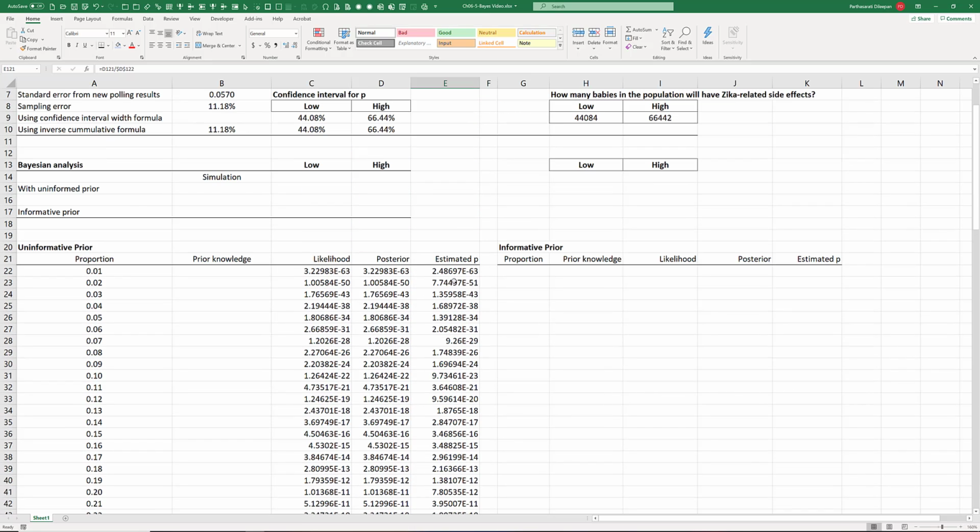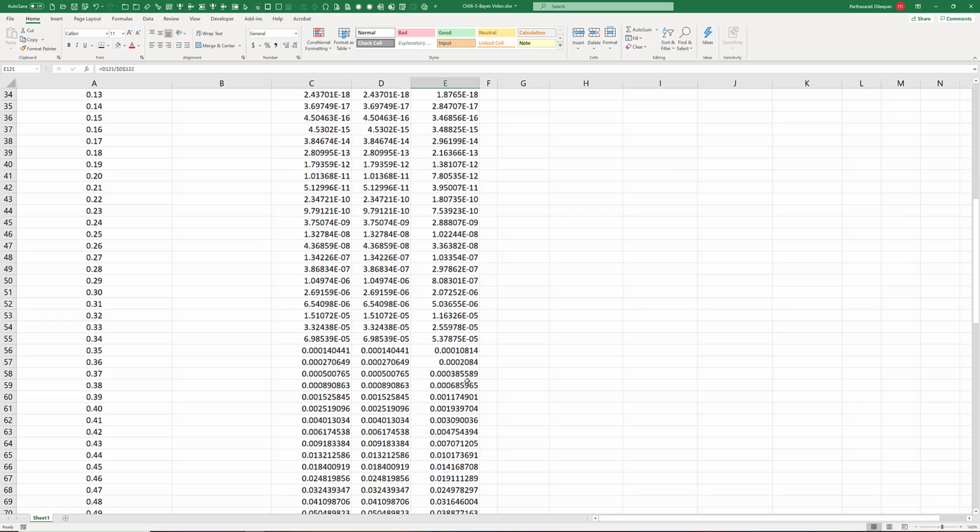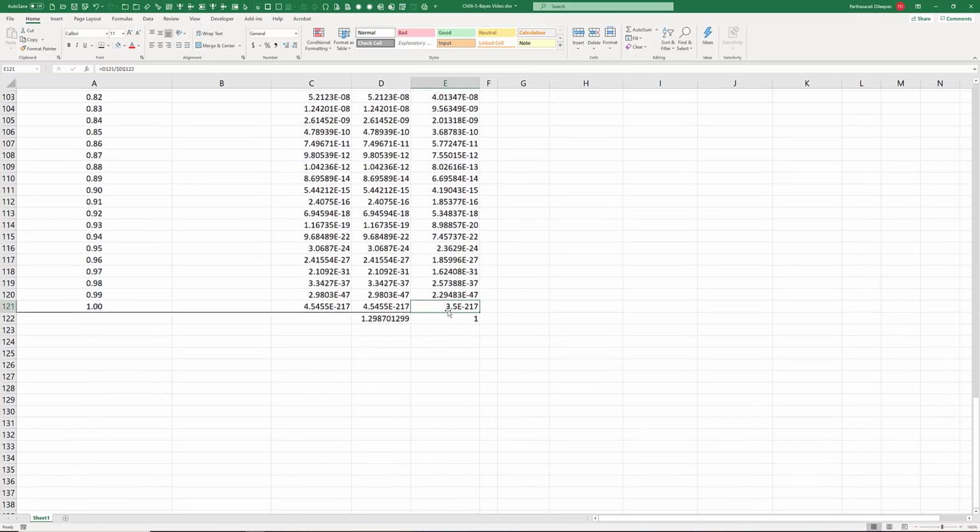These are the estimated probabilities for us, given the underlying probability that we assumed in column A, and these are our calculated posterior probabilities.